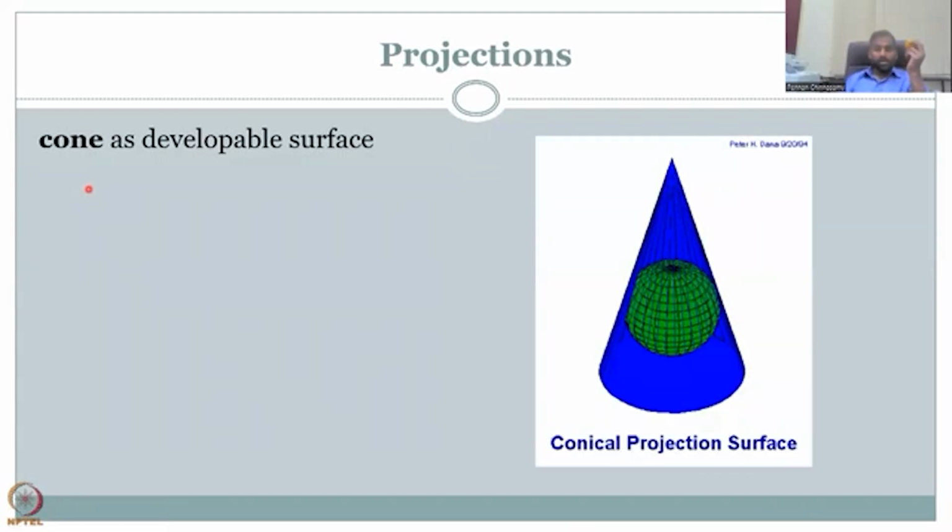Let me give you some examples. The surface also is not just a sphere and the light bulb. You could have multiple developable surfaces. So this is a conical projection surface where you put the light here, at a distance from the sphere, not in the center, and you let the light come as a cone.